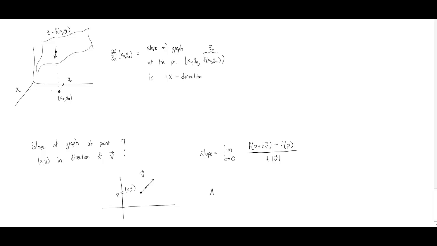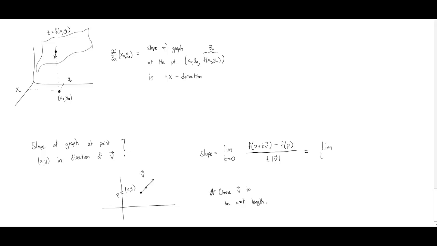Now, to simplify things, I'm going to choose v, this direction vector, to be unit length. Okay. So that just means that in my denominator, I can drop the length of v because it's just going to be equal to 1.